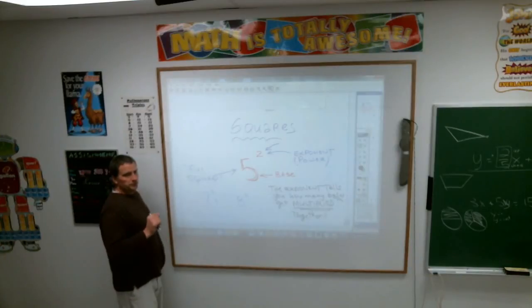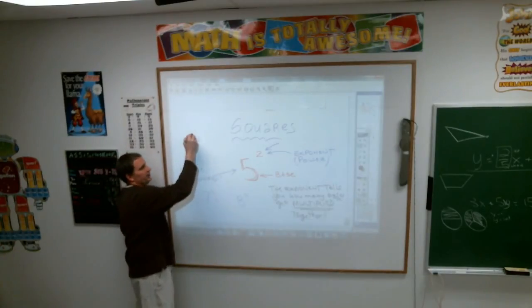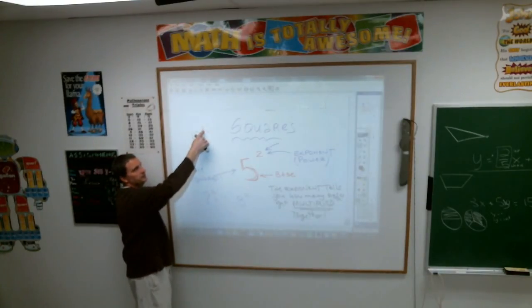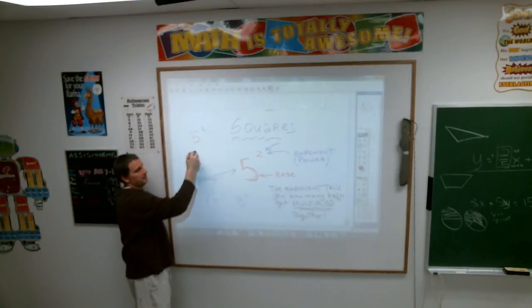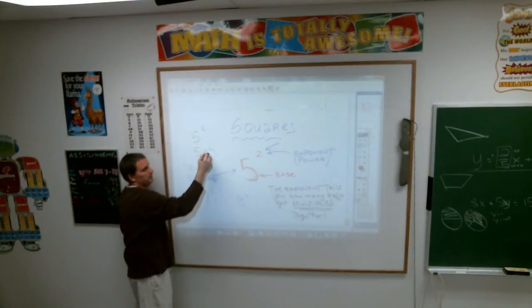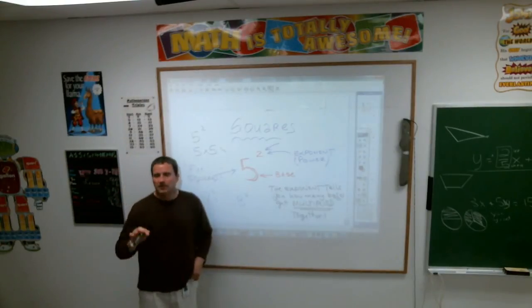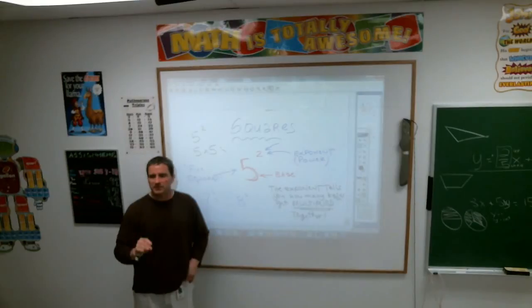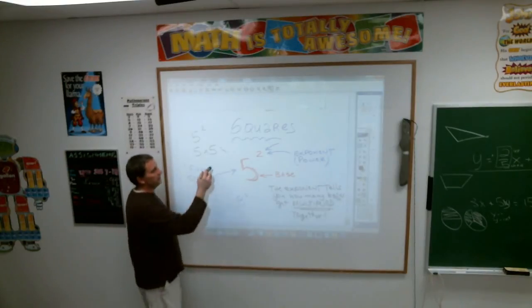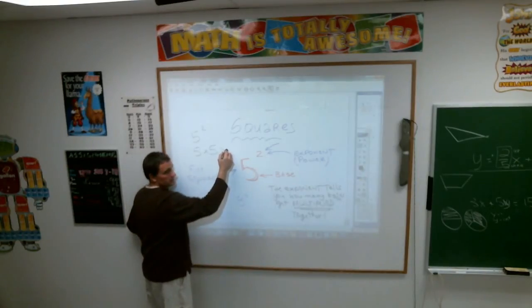So, if you see 5 squared, that means you have two 5s multiplied. The most common mistake people make is they tell me it's 10. No, that's 5 plus 5. This is 5 times 5, which is 25.